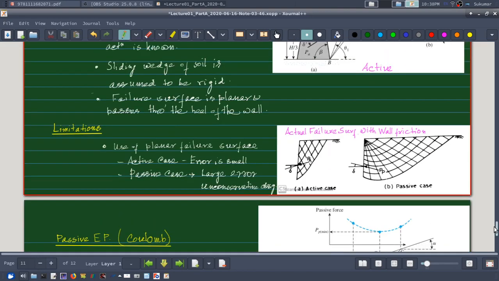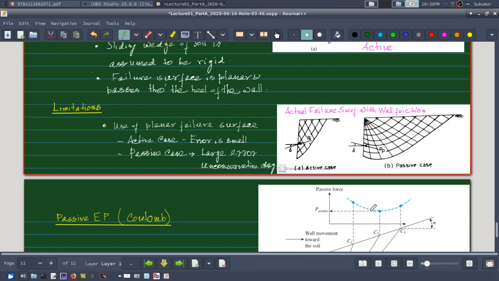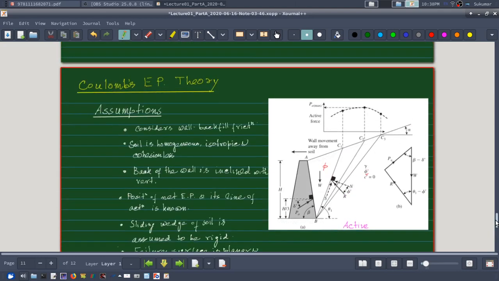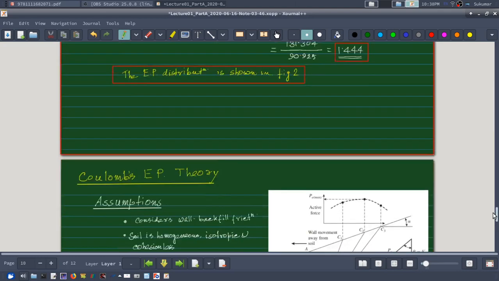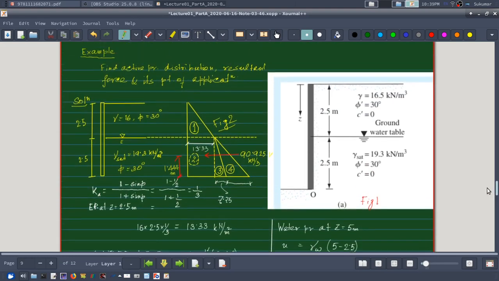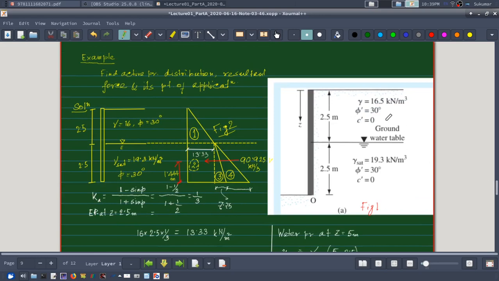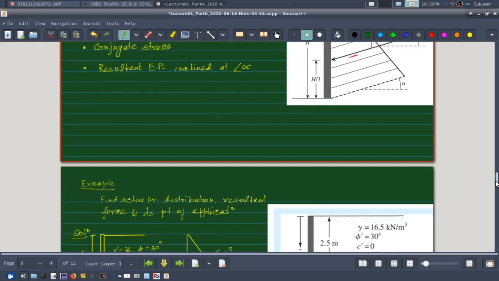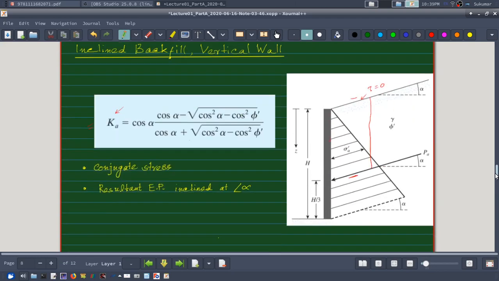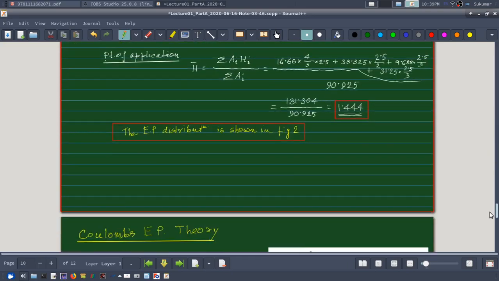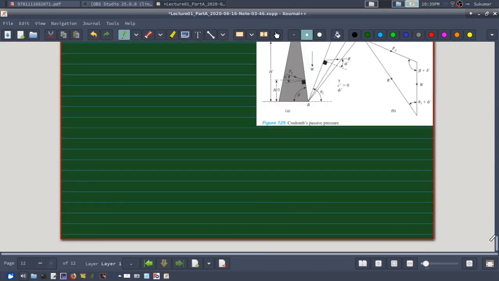I hope all of you understood the basic concepts, and I hope you can practice a few problems from any book if you have one, or at least practice this problem or problems with dry backfill or fully submerged backfill. This type of problems you please practice yourself, and with this we complete this topic of earth pressure.